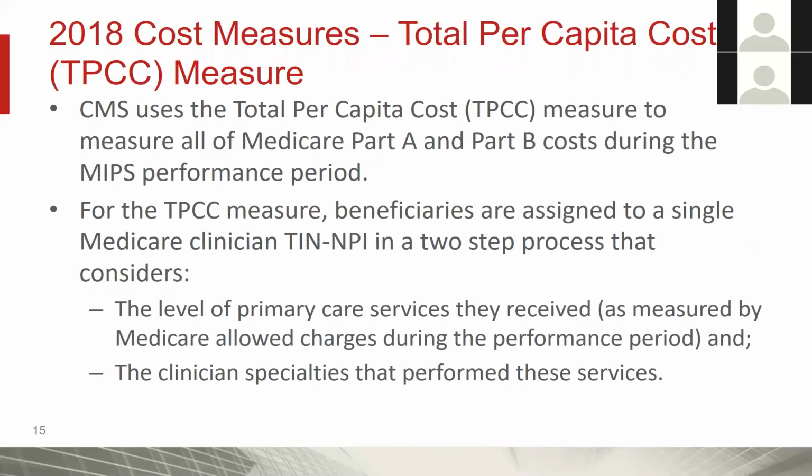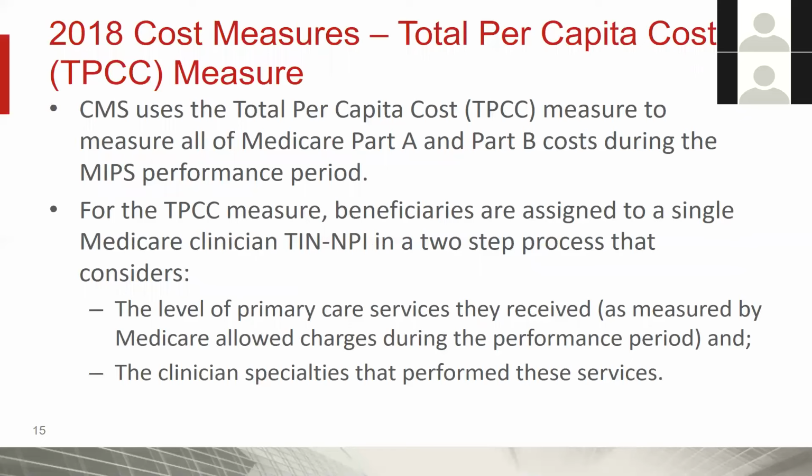So the second measure is known as the total per capita cost, or TPCC measure, that CMS will use to evaluate your cost. CMS will use the total per capita cost measure to measure all of your Medicare Part A and Part B costs during the MIPS performance period. Again, this is during the entire period between January 1 through December 31st, 2018.